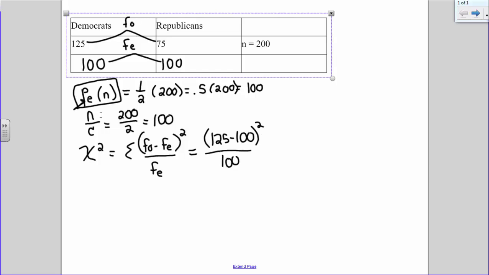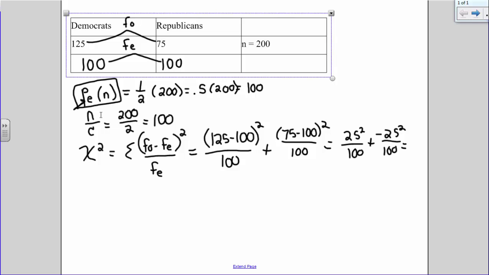And for the Republicans, and we're putting a plus sign here because we're doing summation, we observed 75. Under the null hypothesis, we expected 100, squared, divided by 100. So we end up with 25 squared divided by 100 plus negative 25 squared divided by 100.